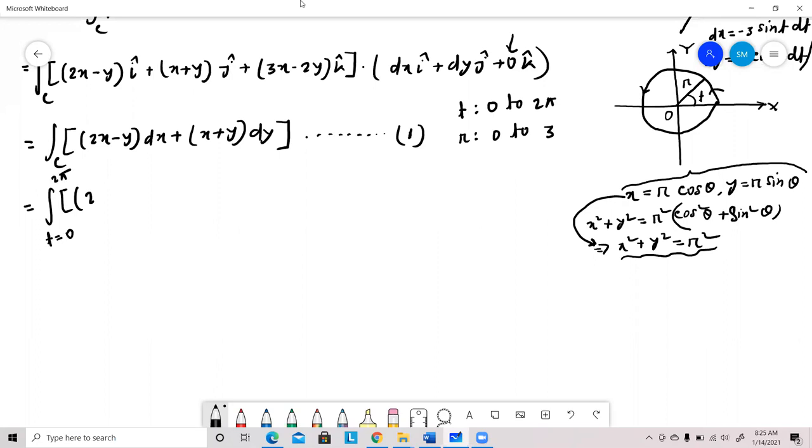So we found x equal to 3 cos t, y equal to 3 sin t, and dx we found is minus 3 sin t dt.